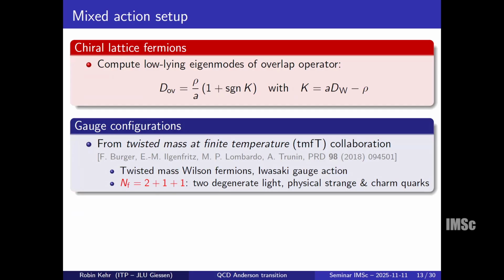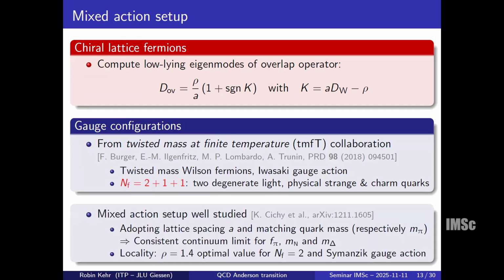And here we have two degenerate, still non-physical light quarks, but physical strange and charm quarks. This is a so-called mixed action setup, since we employ other fermions in the valence band than in the sea. And this kind of mixed action setup is actually well studied.